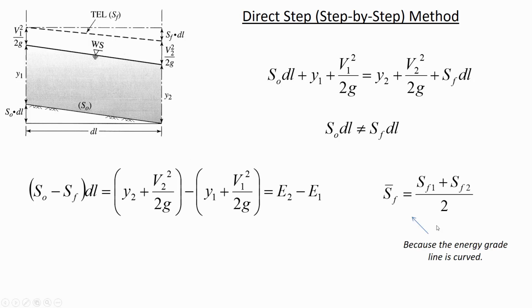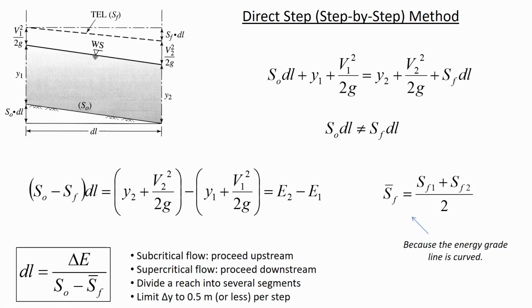Like I mentioned before, the slope of the energy grade line that we're going to be using in this method is the midpoint energy grade line slope. And so then we calculate the length of a segment, how far it is between points, by calculating the difference in energy between the 2 points divided by the difference in the bed slope minus the average energy grade line slope.